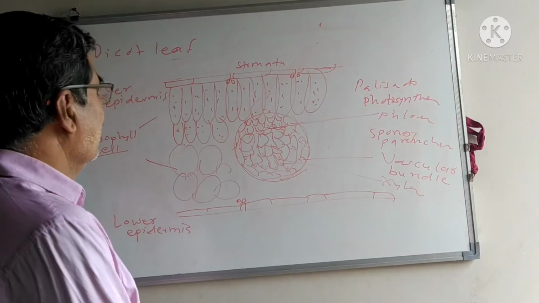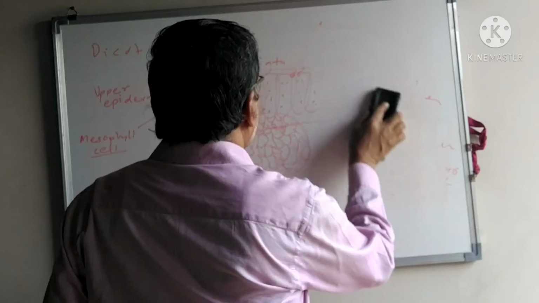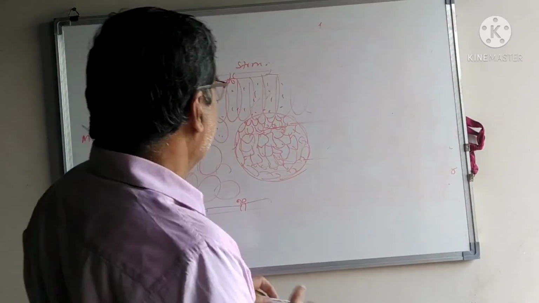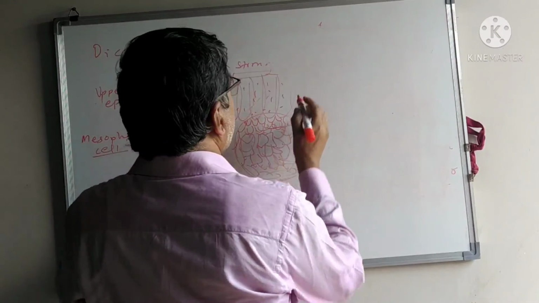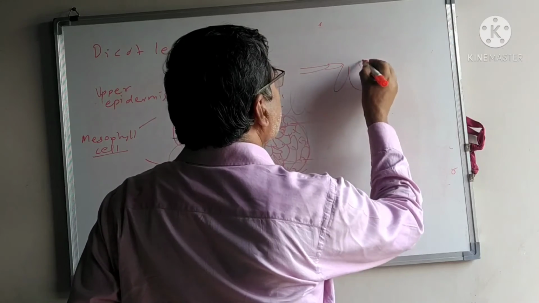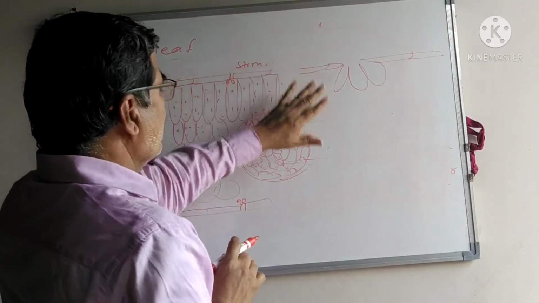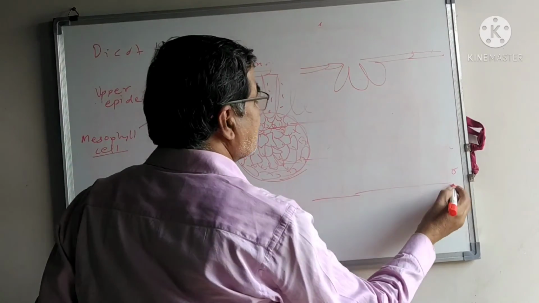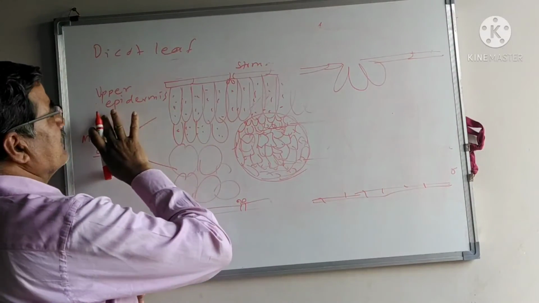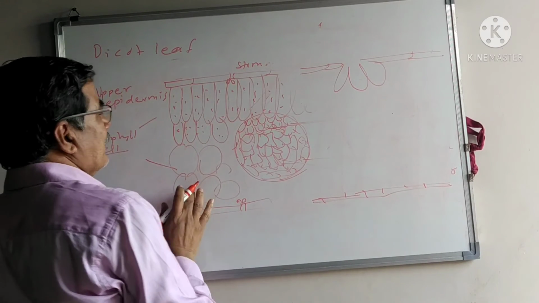The monocot leaf differs somewhat. In the monocot leaf, in the epidermis, sometimes bulliform cells are present. The upper epidermis and the lower epidermis have a similar structure. The mesophyll in the dicot leaf consists of the palisade layer and the spongy parenchyma.